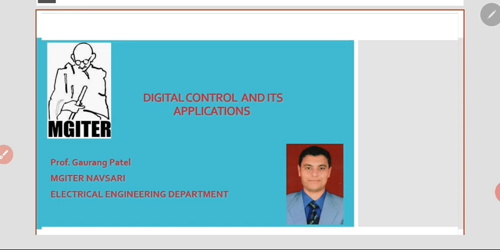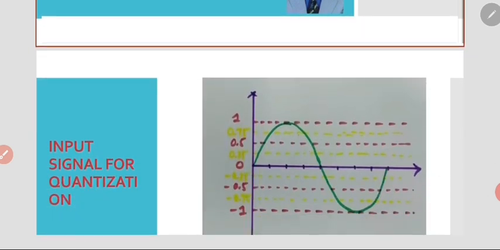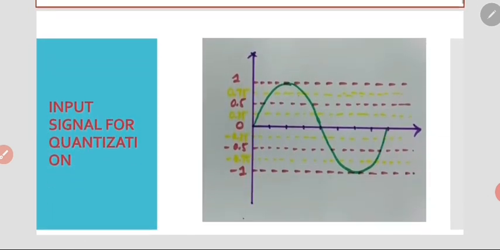In the last session, we learned about finding the step size and finding the quantized level. Let's take a glimpse of the last lecture. We took a sinusoidal signal as input and took samples from that signal.